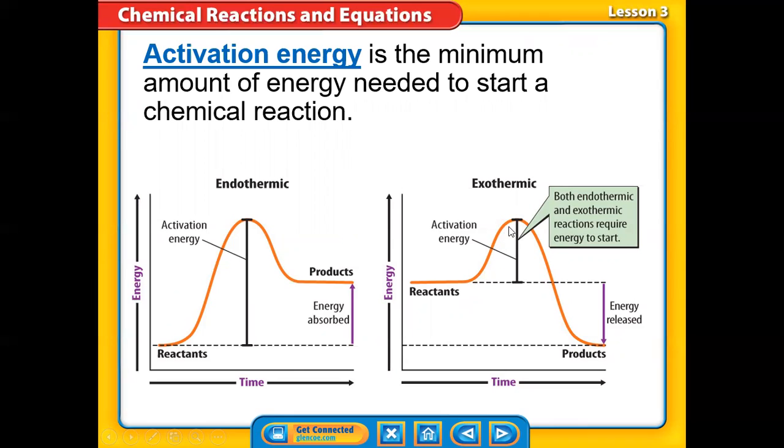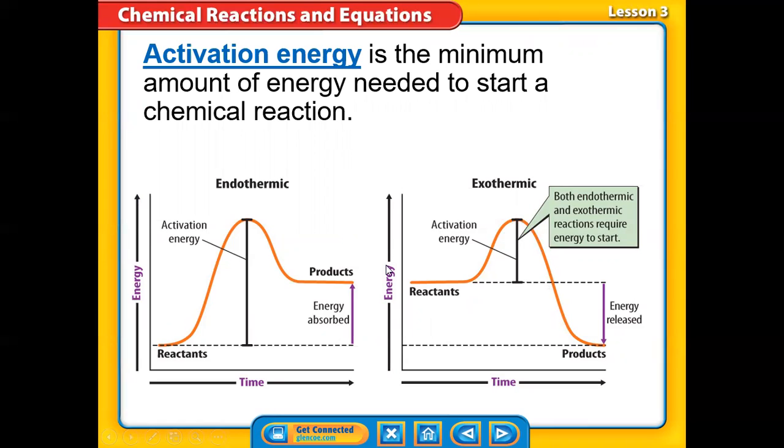Once the energy reaches a certain point, which is the highest amount of energy provided, the bonds of the reactants start to break. Once the bonds of the reactants are broken, atoms become free, and they start the new rearrangement to form the products.